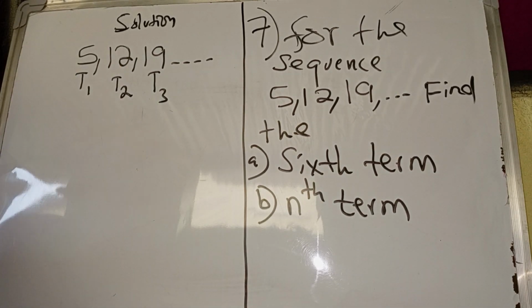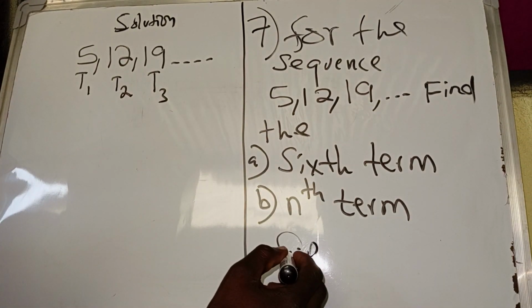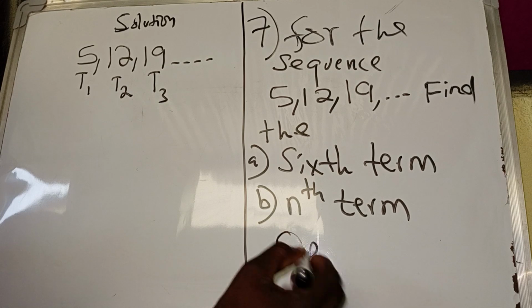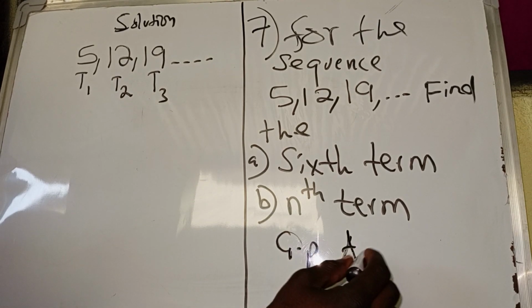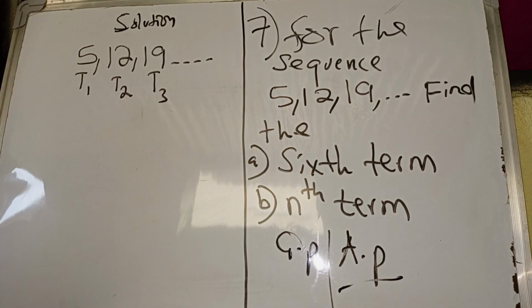There are two types of sequence: the geometric progression, GP, and the arithmetic progression, AP. So you need to check, is this sequence arithmetic progression or geometric progression? How can you tell that it's arithmetic?